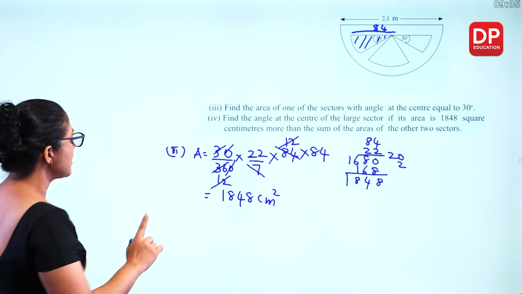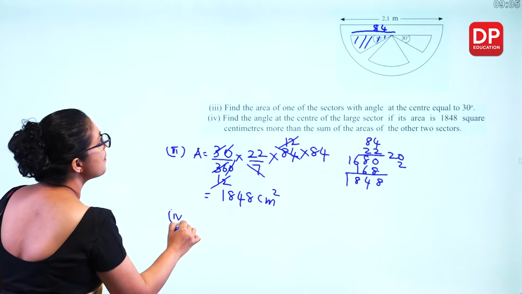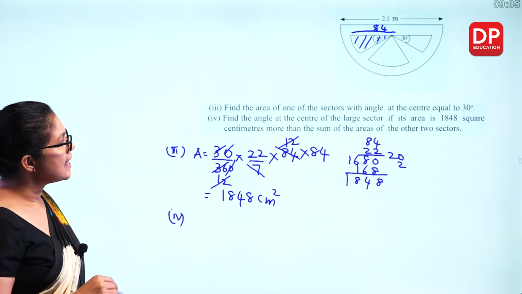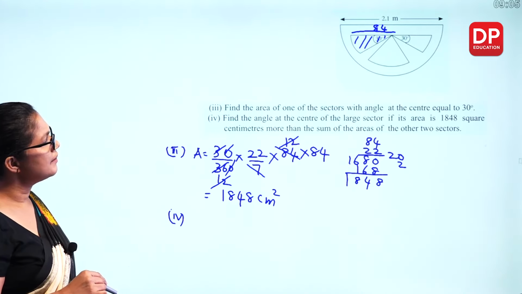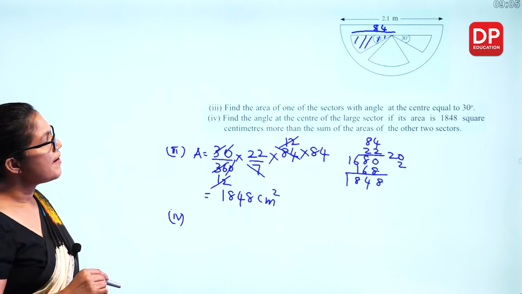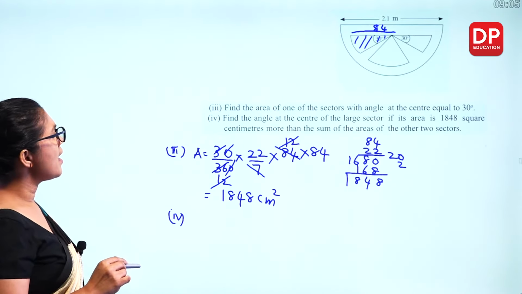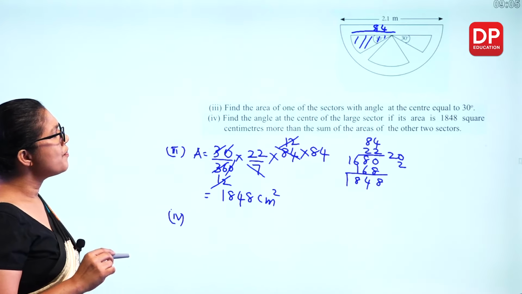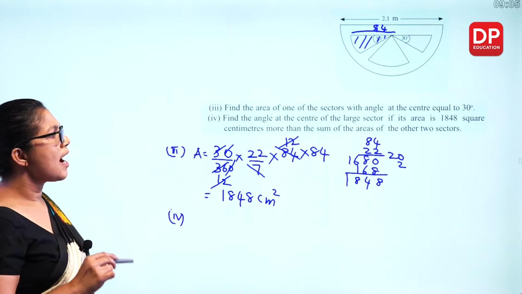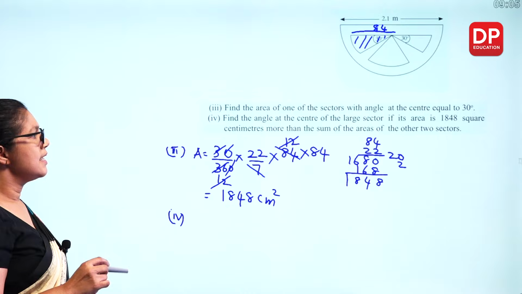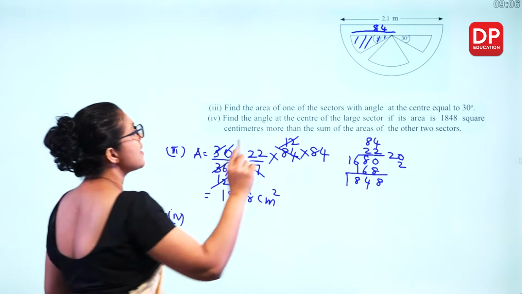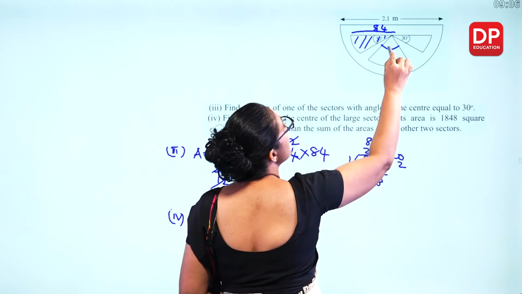So the fourth part they ask, find the angle at the center of the large sector if its area is 1848 square centimeters more than the sum of the area of the other two sectors. Now here they are asking to find out this angle.